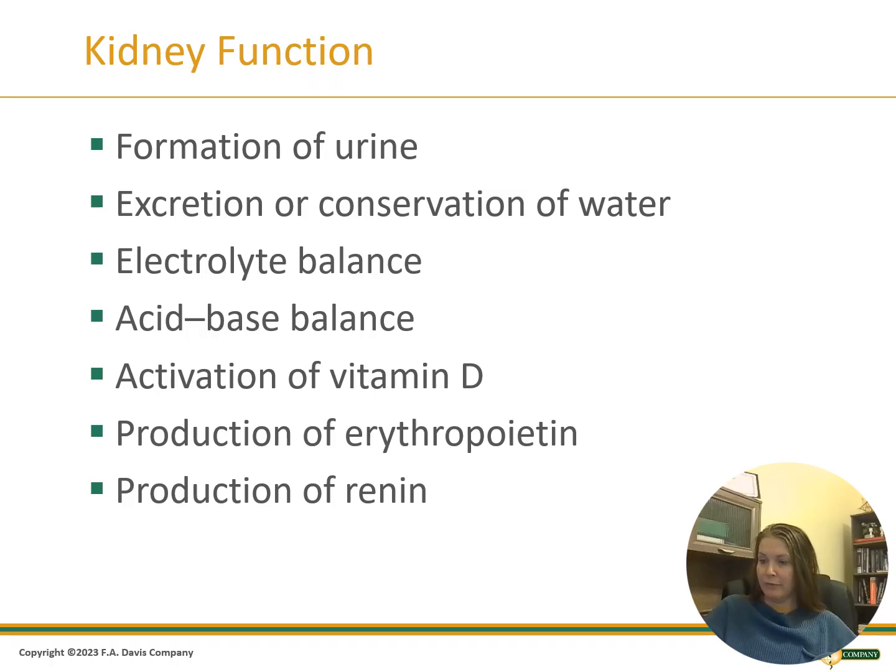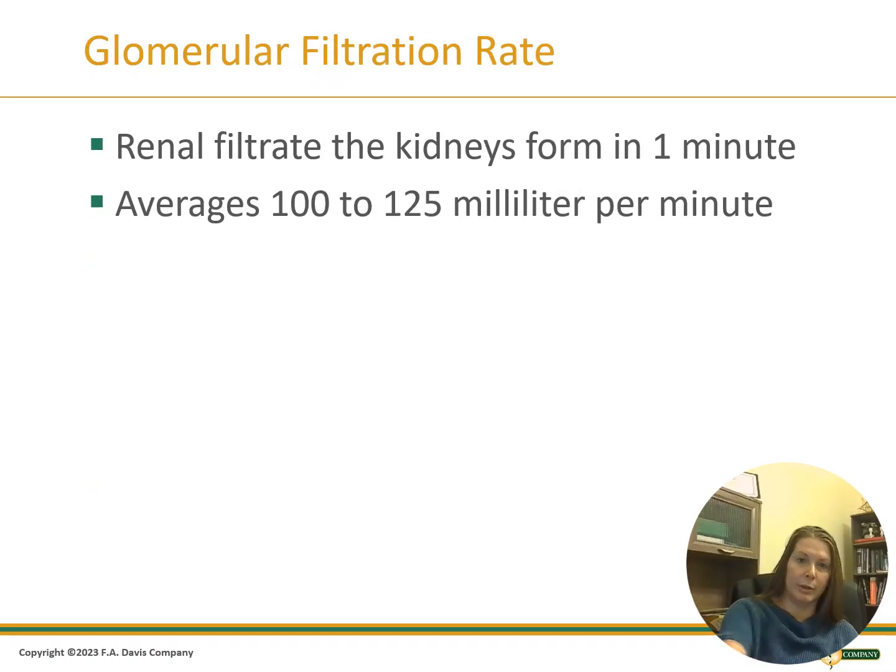Activation of vitamin D, so converting it to its active form for calcium absorption. Production of erythropoietin, also abbreviated EPO, a hormone that stimulates our red blood cell production in bone marrow. And then the production of renin, an enzyme involved in our blood pressure regulation from the renin-angiotensin-aldosterone system. So kidneys are going to regulate our waste, our fluid and electrolyte balance, pH, hormones, and blood pressure, and they are going to be vital for our homeostasis.